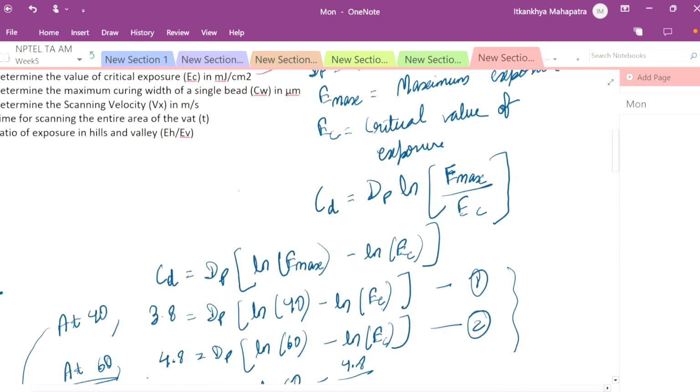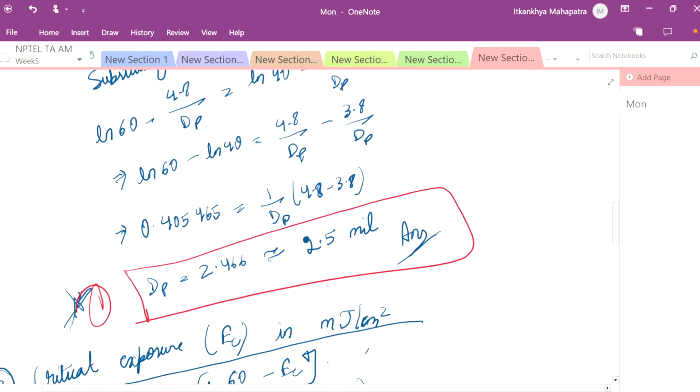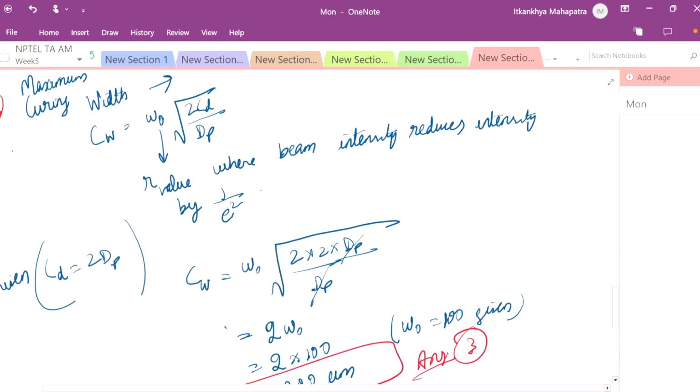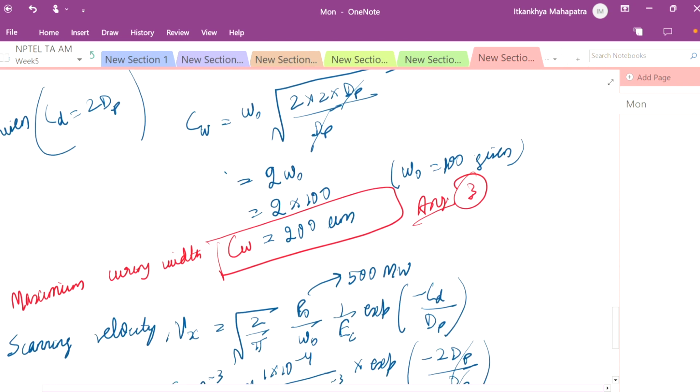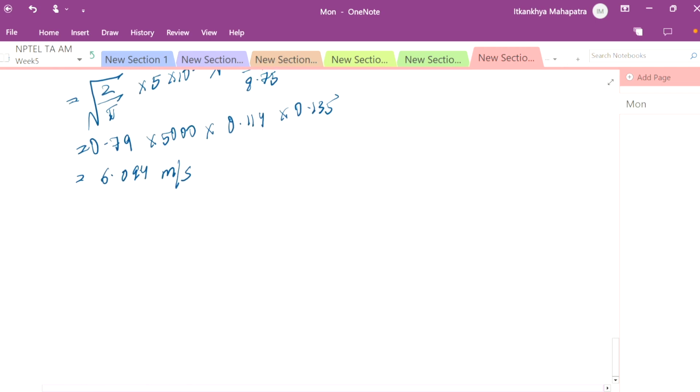Once you find out the EC and DP, the subsequent questions will also matter accordingly, because we substitute the EC value we found out. So whatever EC we get, the scanning velocity will vary accordingly.